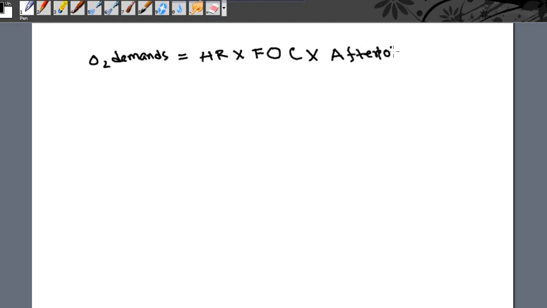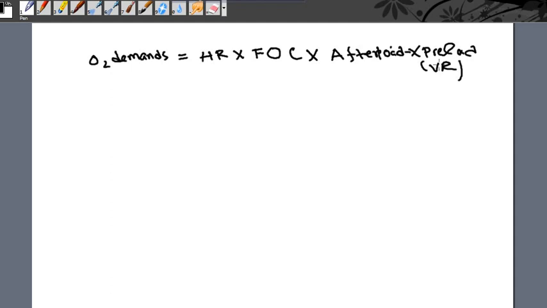But if you just trust me, oxygen demand of the myocardium mainly depends on 3 to 4 factors. Number one, it depends on heart rate. Number two, it depends on contractility or force of contraction of the heart. Number three, it depends on afterload. Number four, it depends on preload. Preload means venous return, right?